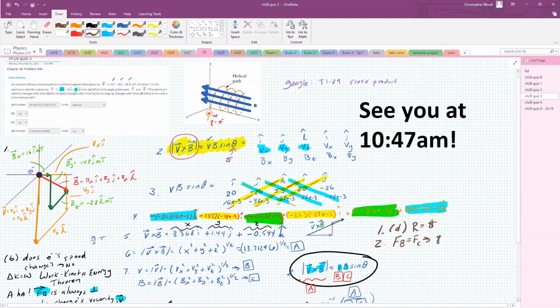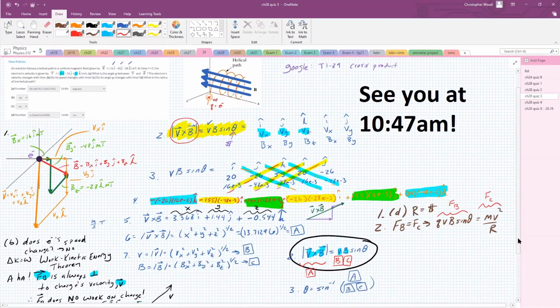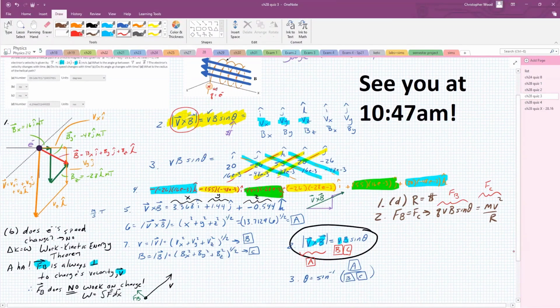So q V B sine theta, and I do know theta now, equals m v squared over r. So this is F sub B, and this is my centripetal force. The centripetal force is present because it's moving in a circle.